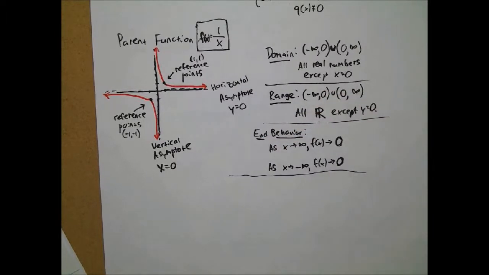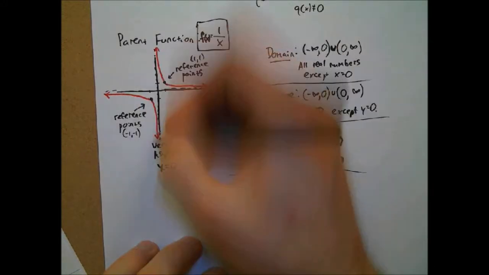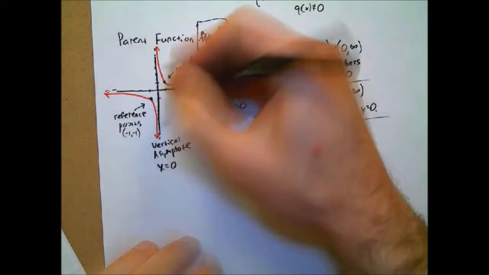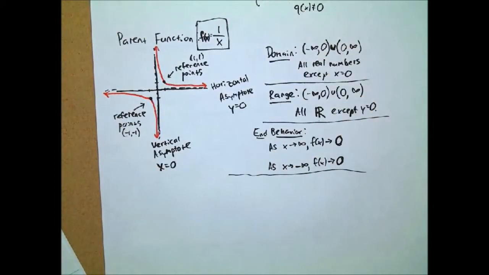We're not crossing that x-axis ever. Does this graph have any y-intercepts? Does it cross the y-axis ever? No, it does not. So the parent function 1 over x has no x-intercepts and no y-intercepts, because our asymptotes are along the x-axis and the y-axis there.